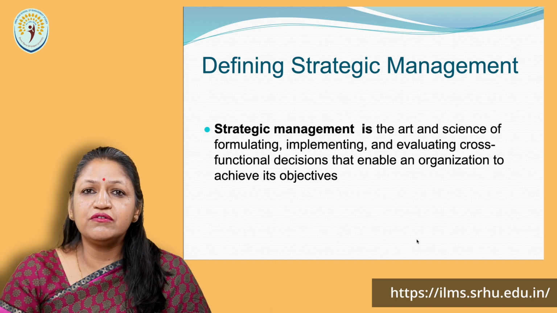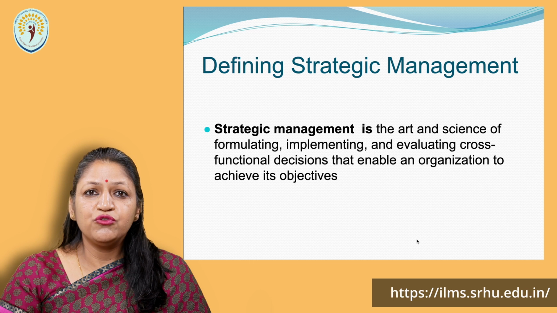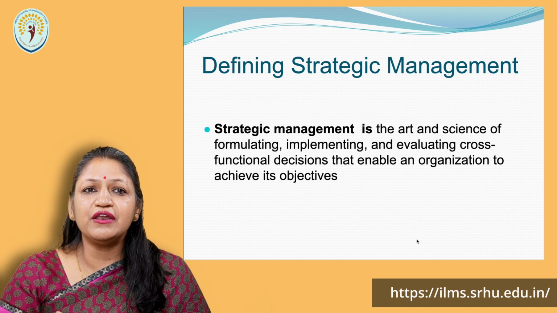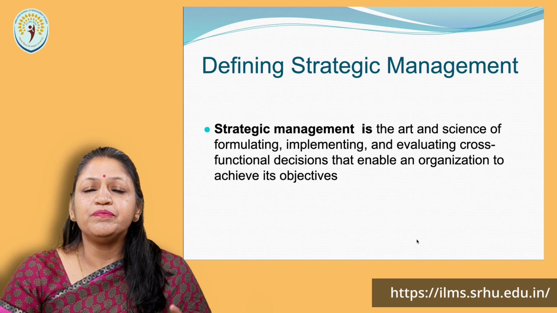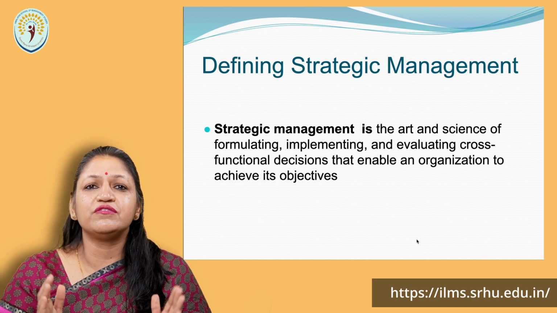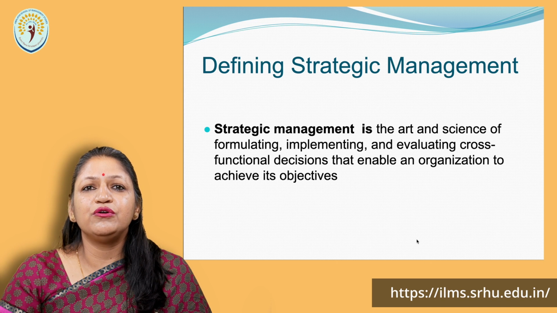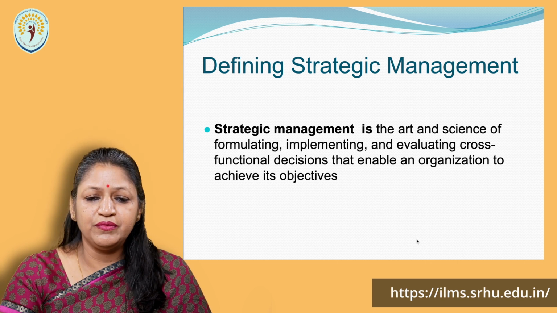Here, one word which I have mentioned is cross-functional decisions. So when we are talking about strategic management, we are not talking about one particular department like marketing, finance, or HR, but we are talking about an approach where we are integrating all these departments and we are aligning the objectives of the organization in such a way that we are able to achieve success and growth for the organization.